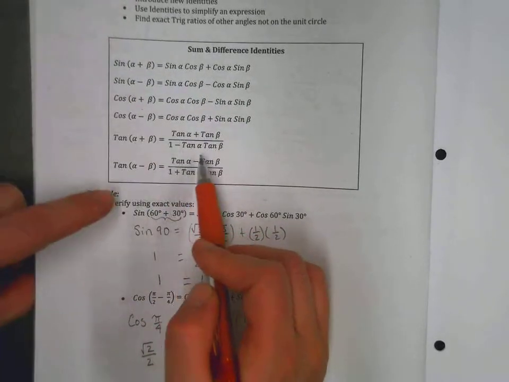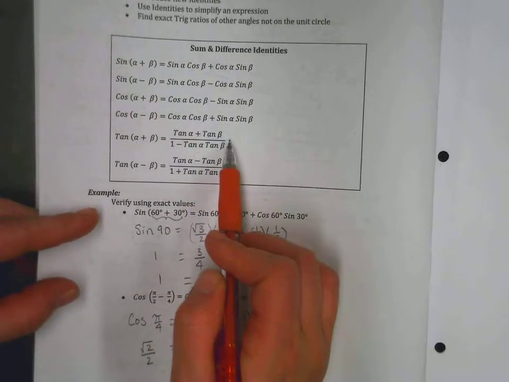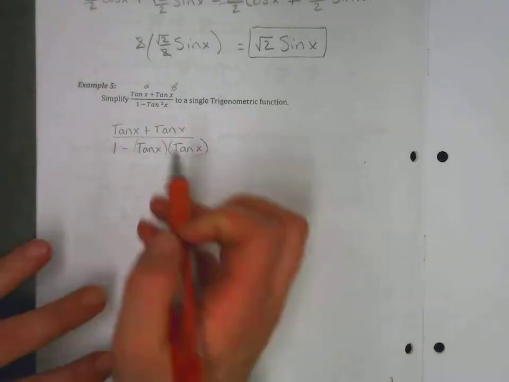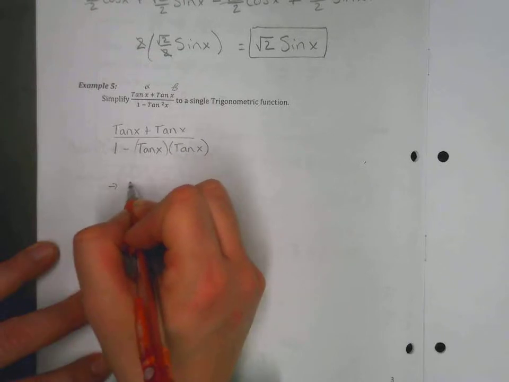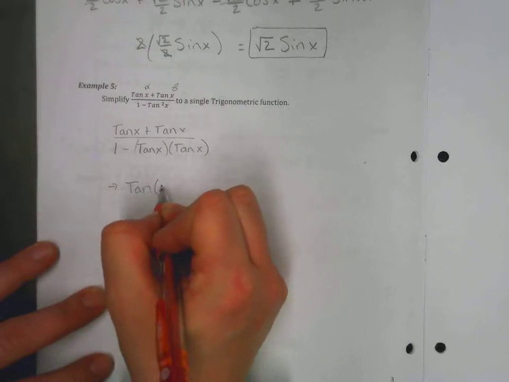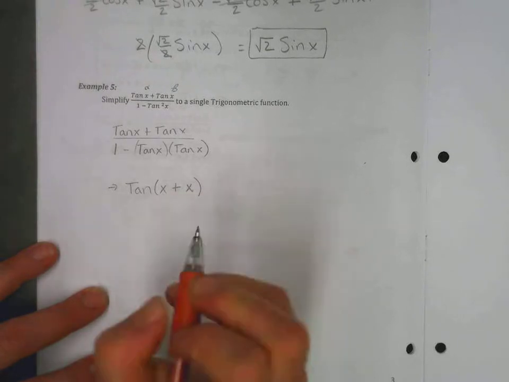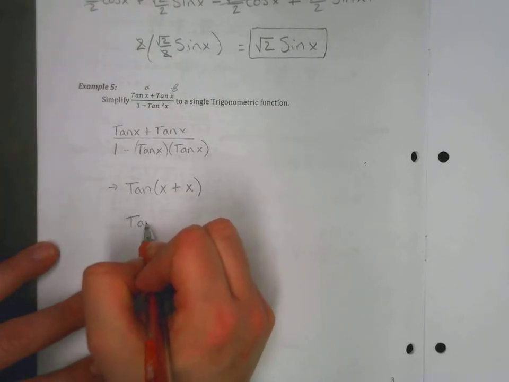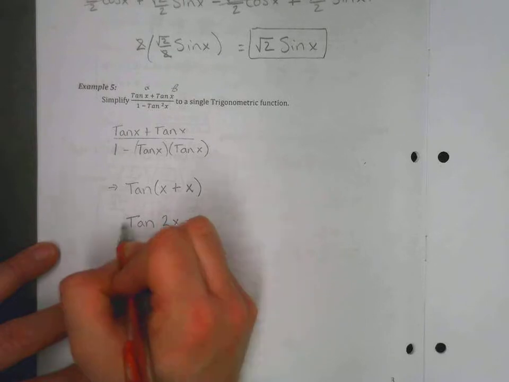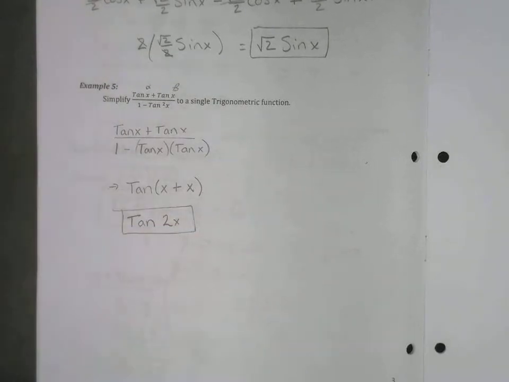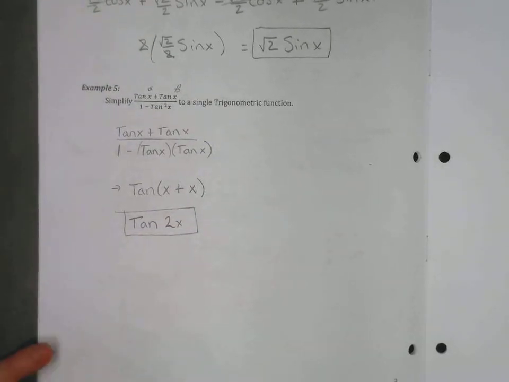So this can come directly from my sum and difference identity. I could rewrite this as tan of x plus x, which technically is just tangent of 2x. And we're done. There's our single trigonometric ratio.